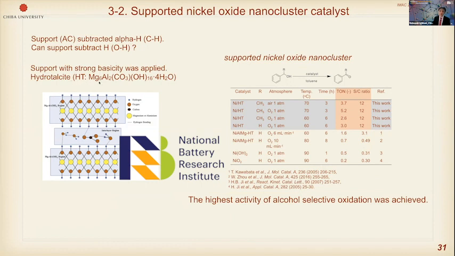Hydrotalcite is a magnesium aluminum double hydroxide. So in the hydrotalcite case, the temperature was lowered. When the 1-phenyl ethanol oxidation reaction was applied, we can see a good reaction having a good turnover number. It means a higher activity. The highest activity, what I call selective oxidation, was achieved in this case.